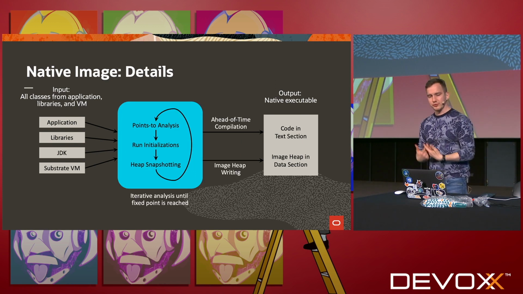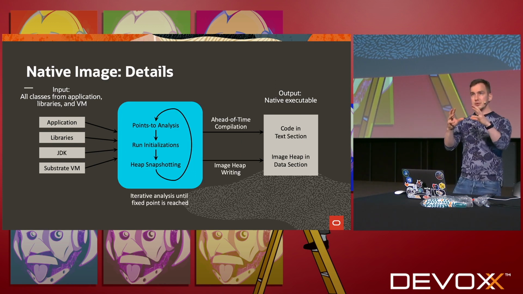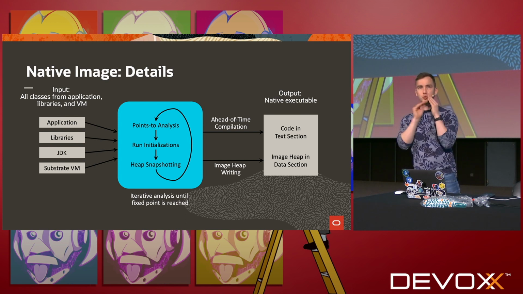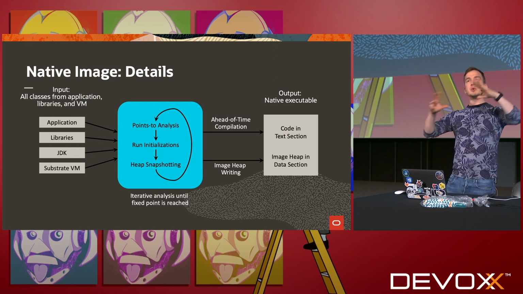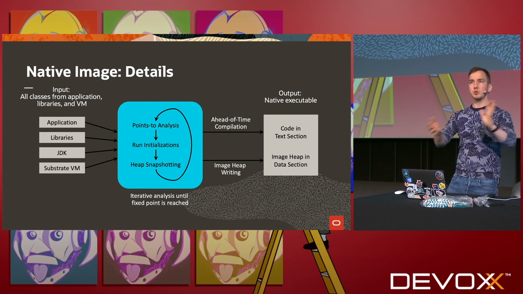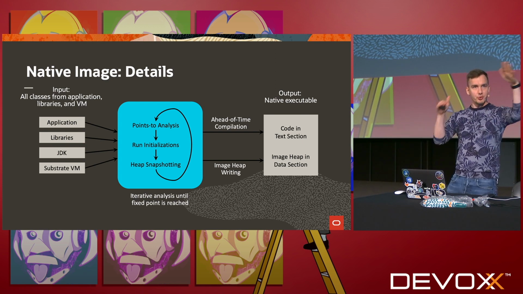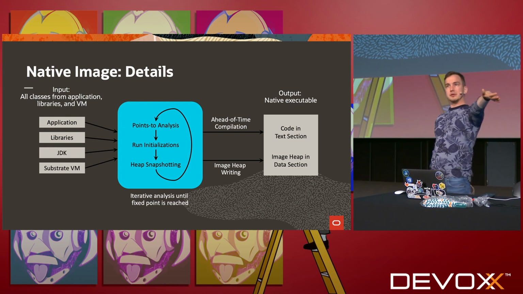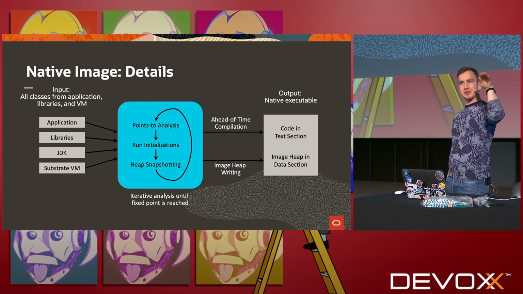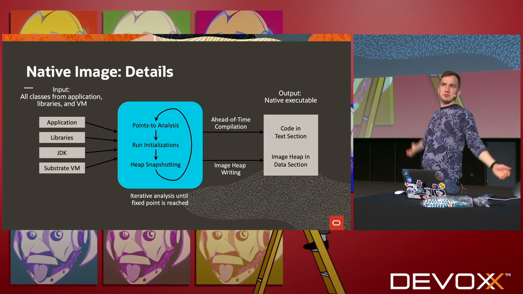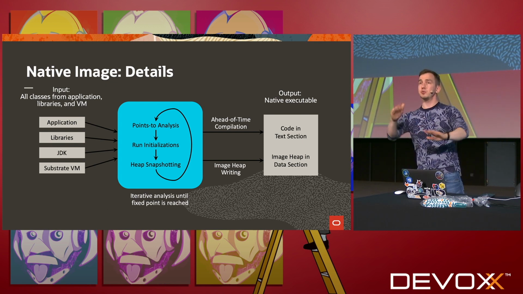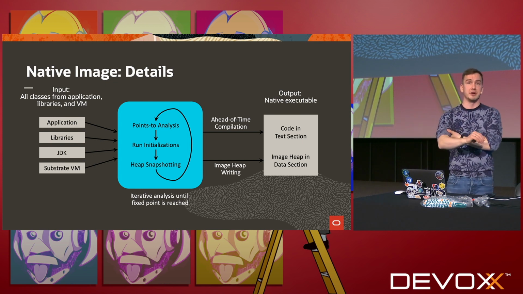A more detailed view for the analysis is that we load the classes, we initialize the classes, we figure out which classes reference other classes, right? This way we load all the classes that will ever be executed, like everything that points to something, we load that. If something points to a class that is not present, it will output an error, right?